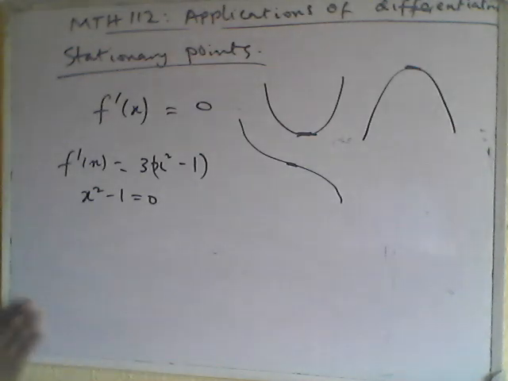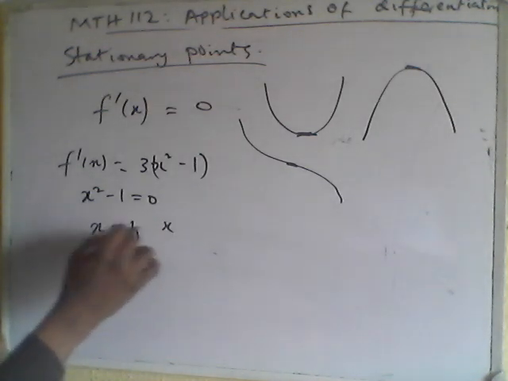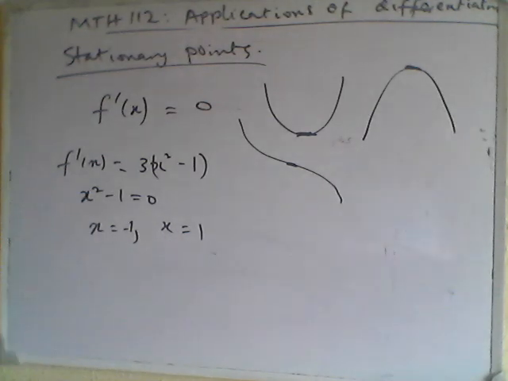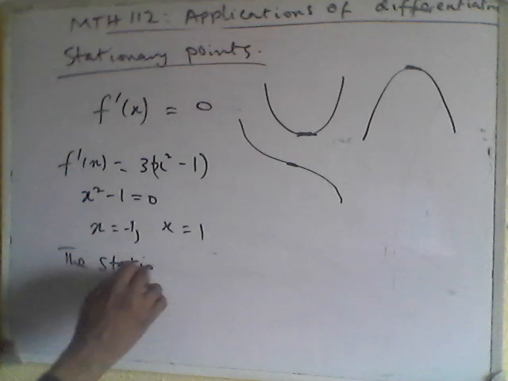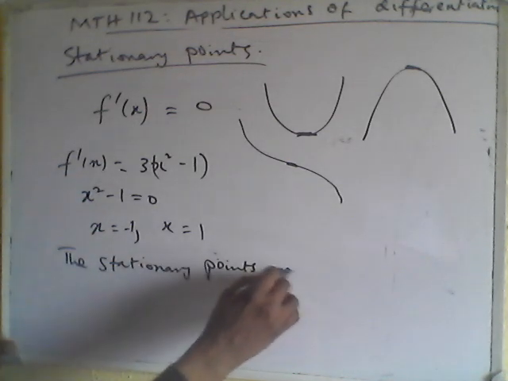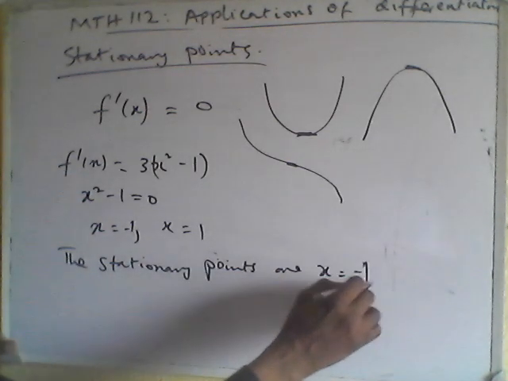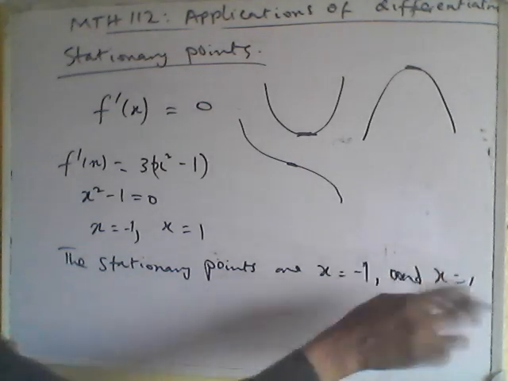By the time I do the maths, x is equal to minus 1 and x is equal to 1. So these 2 points, minus 1 and 1, are where the stationary points occur.